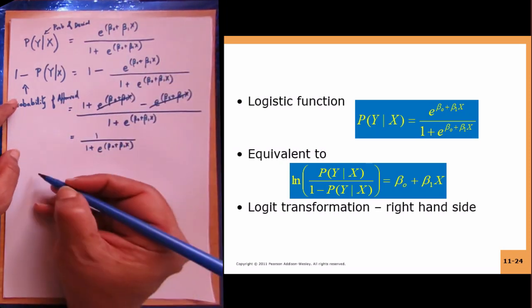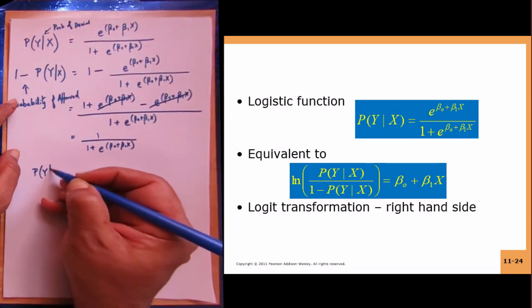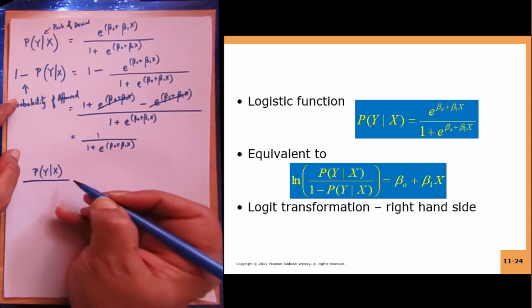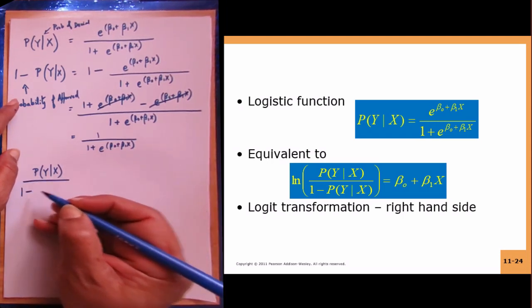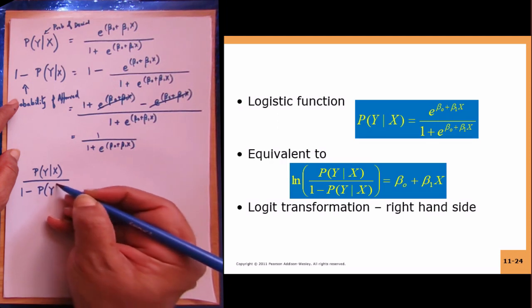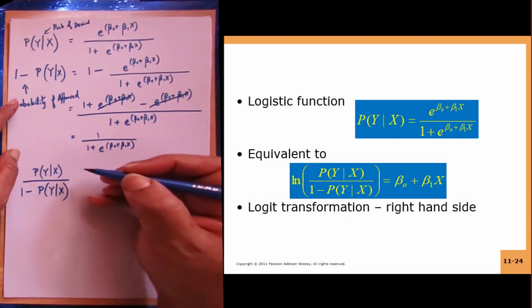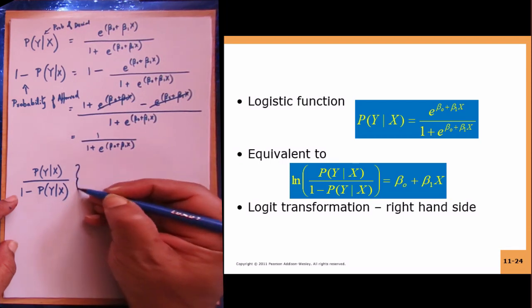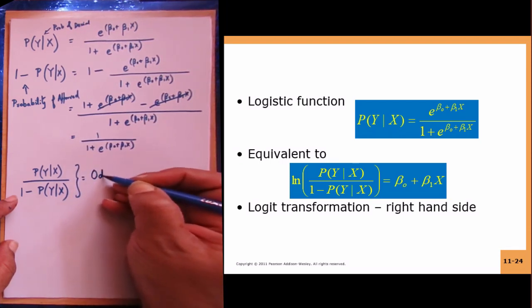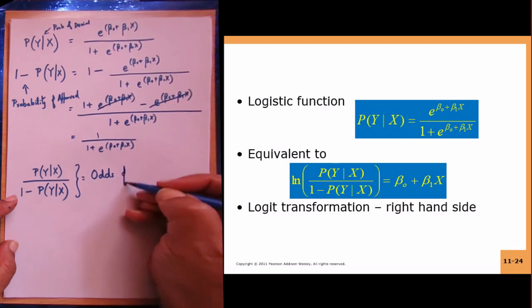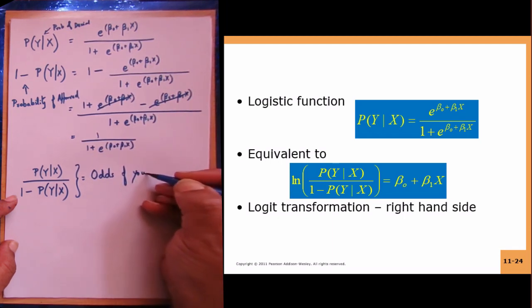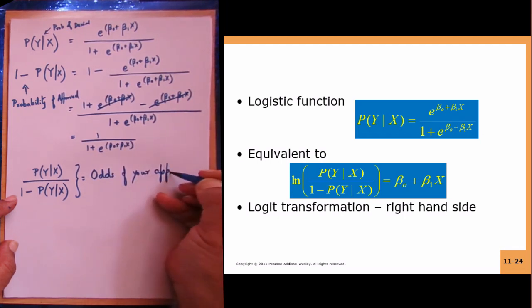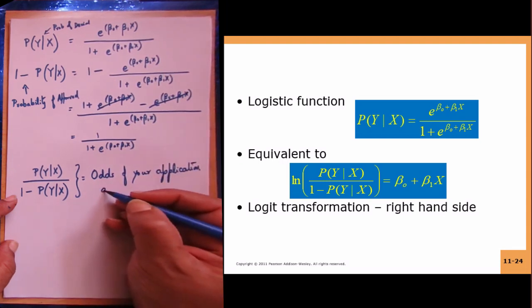So probability of y given x divided by 1 minus probability of y given x is known as the odds of your application getting denied.